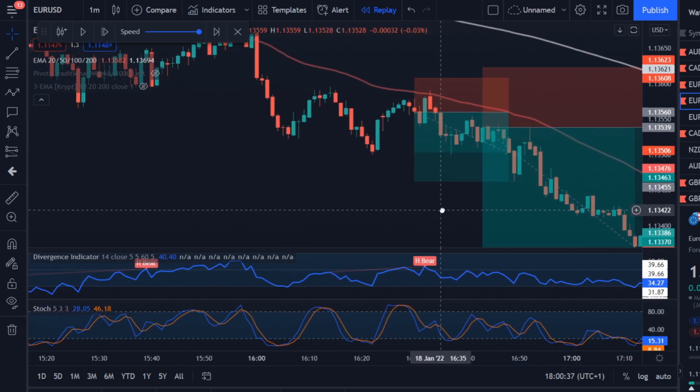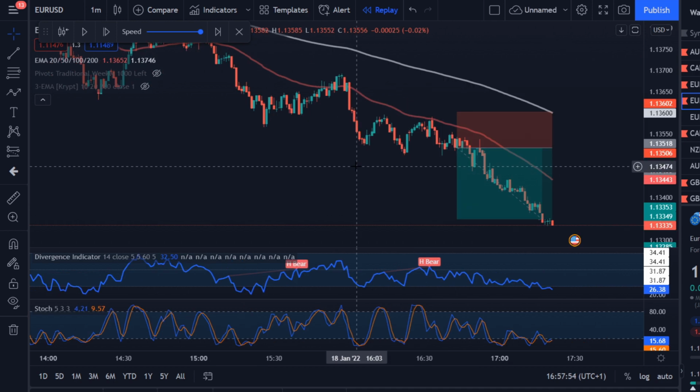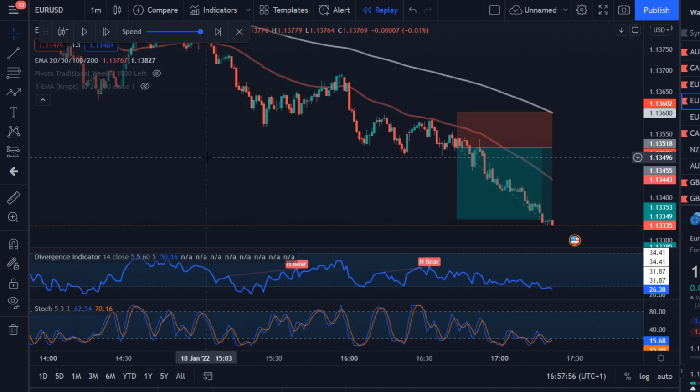So you really have to take in mind to train yourself, to educate yourself on seeing hidden bearish or bullish divergence situations. Let me show you a buy opportunity as well.